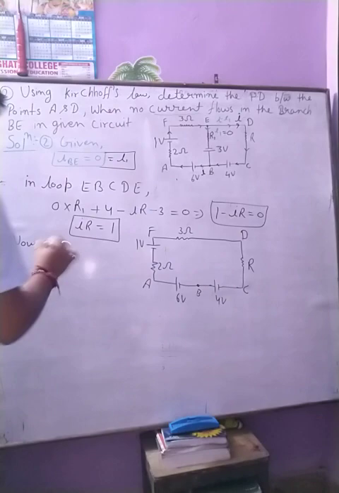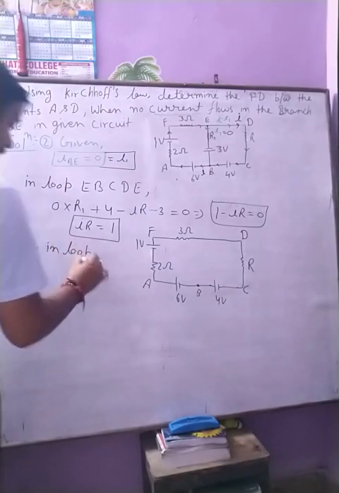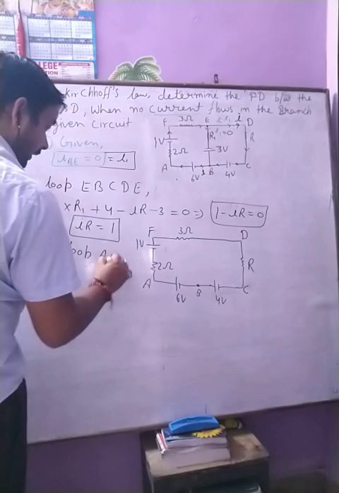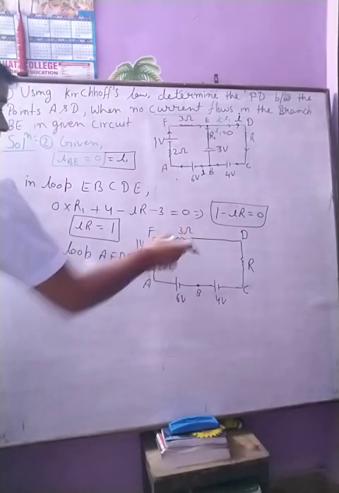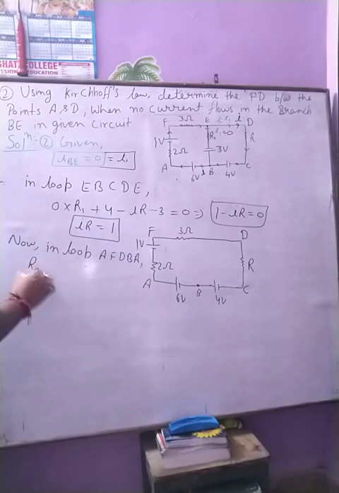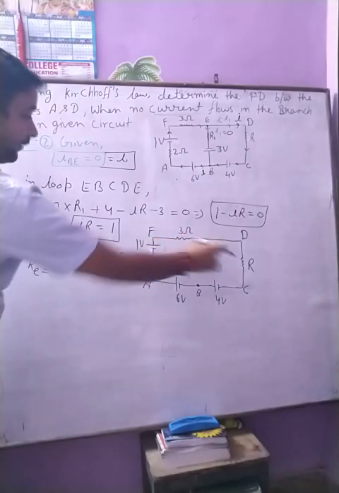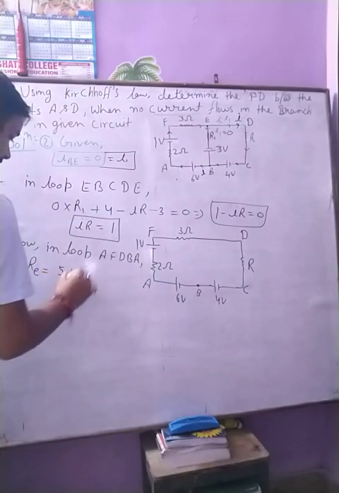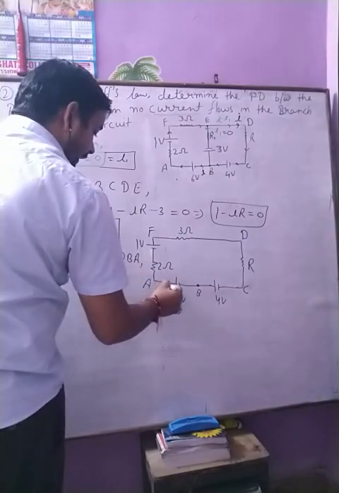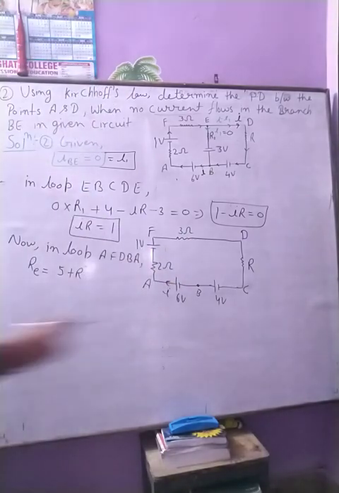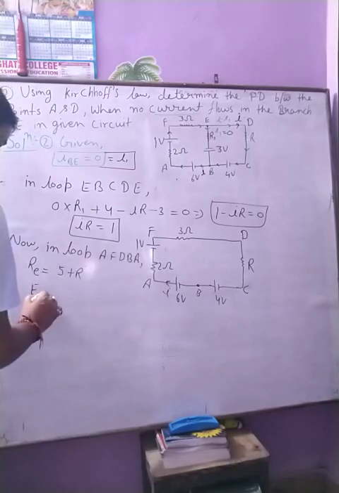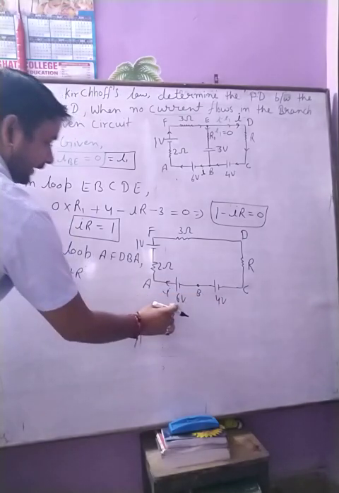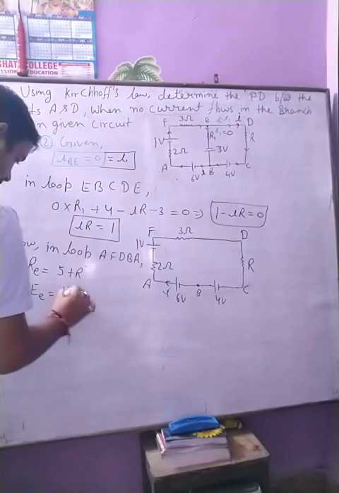Now in the loop A, F, D, B, A, all resistances are in series, so we get R equivalent is 2 plus 3, 5 plus R, that is 5 plus R, okay, and the current I is flowing in the circuit, and all the batteries in the same sequence, so we get equivalent EMF, it is 4 plus 6 plus 1, that is 11 volt.